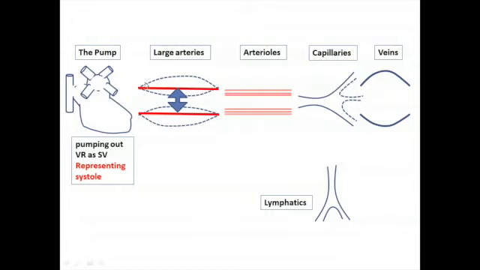This expansion will absorb some of the energy from the systolic contraction of the heart, and this energy will be used in the elastic recoil. So the large artery will recoil back based on this stored energy, and this recoil will create the diastolic pressure.